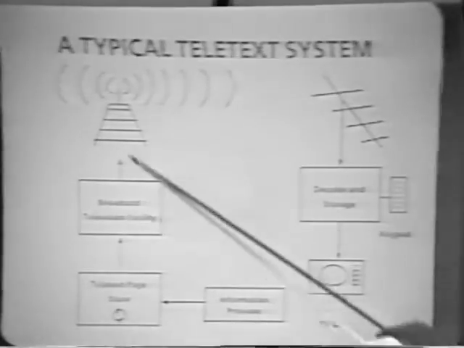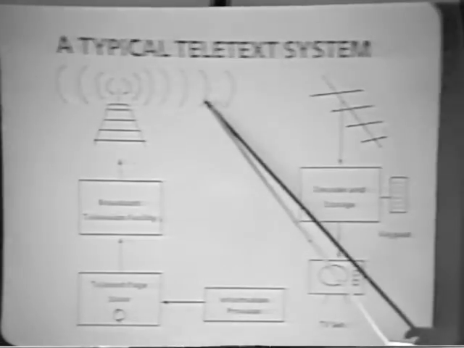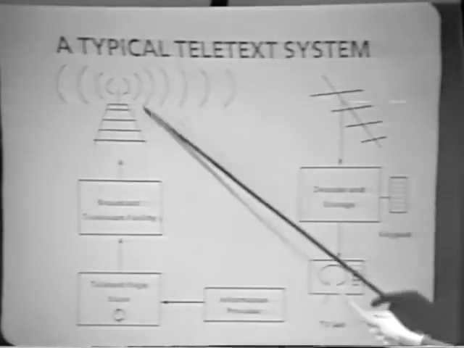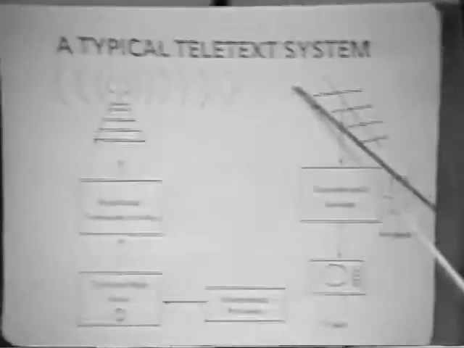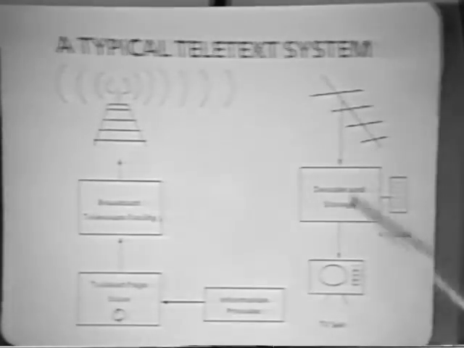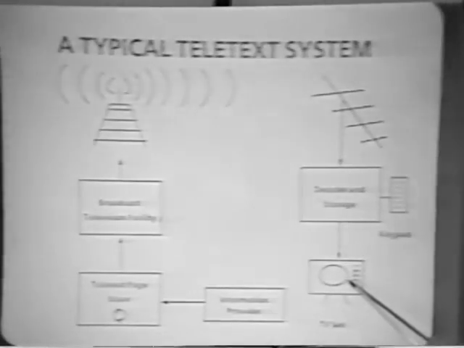These pages are then broadcast over the television broadcast facility. And there's a technique that's used to, in effect, embed this data within the TV signal in such a way that when the receiver receives a TV signal, if you're just tuning to a channel, the user will see the ordinary program that was meant to be seen.